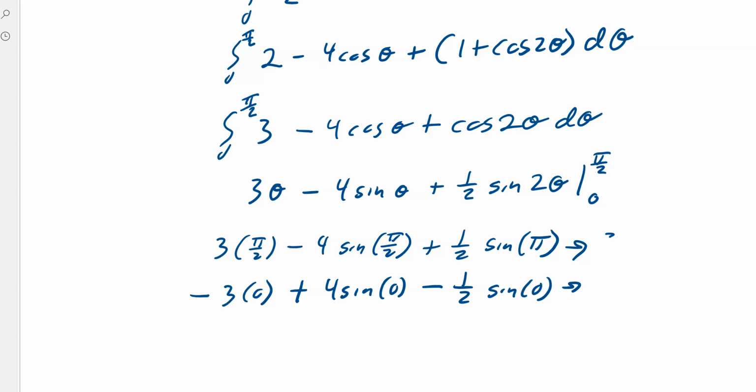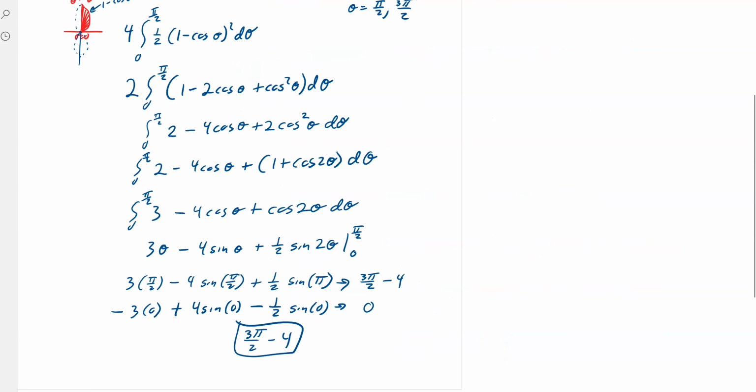Okay, so we have 3 pi over 2, and then sine of pi over 2 is 1, and sine of pi is 0, so we don't have to write it. And then we get 0, 0, 0, everything is 0. So we end up with 3 pi over 2 minus 4 for the exact value.